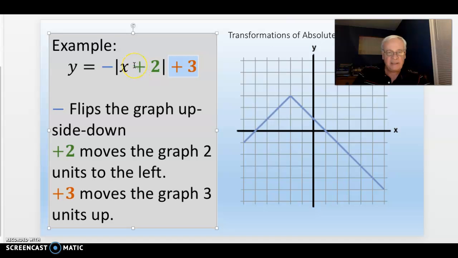And again, the vertex is at the point that is the opposite of what's by the x and exactly what's on the outside. The k, that's the y. Because if you think, if we subtracted 3 and put it over on this side, it would be y minus 3 on this side.